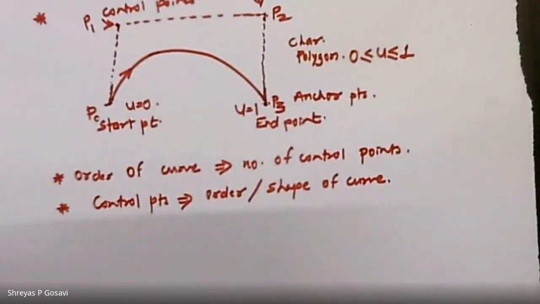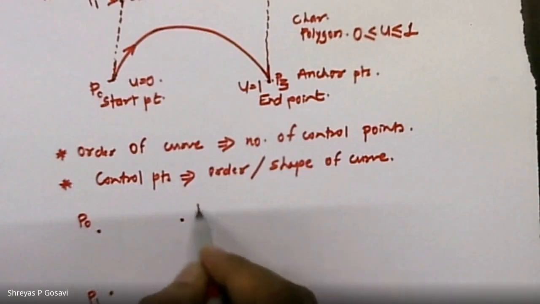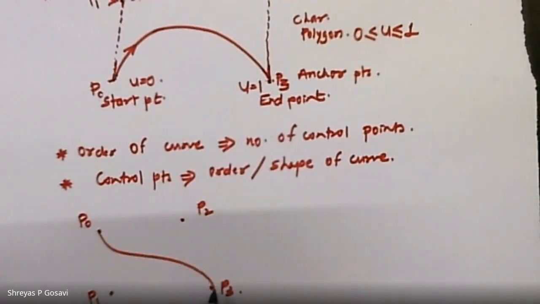So this can be illustrated by the figure. Let us again define 4 control points as P0, P1, P2 and P3, and the curve passes through the start and end points, that is P0 and P3.